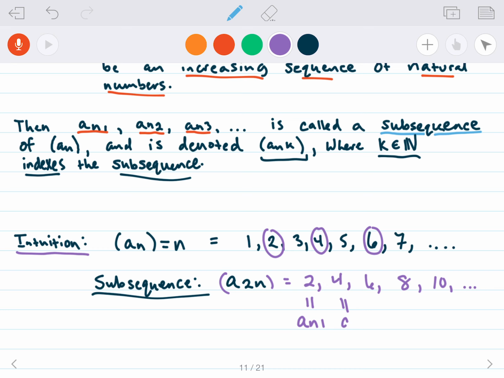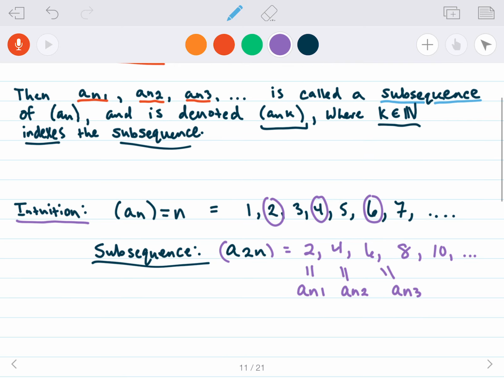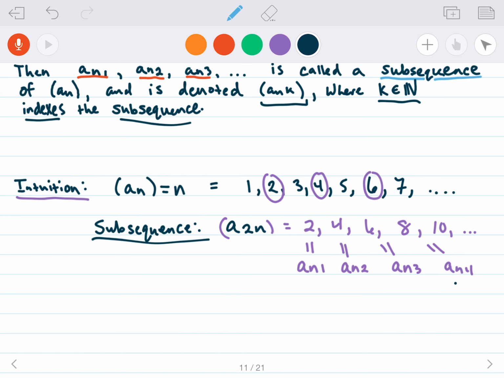This is going to be a sub n2, a sub n3, a sub n4, and so forth. We can see that this guy is going to be the second term in my original sequence. This guy is going to be the 4th term in my original sequence, a sub n2, and so forth. Okay, so that's the idea here.